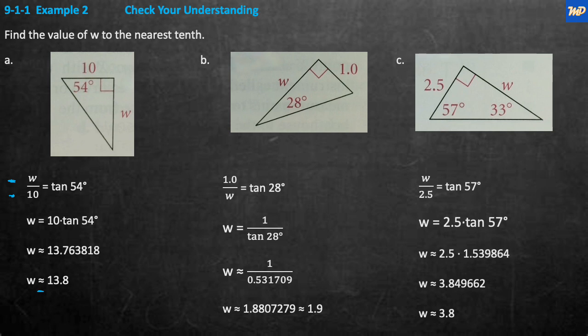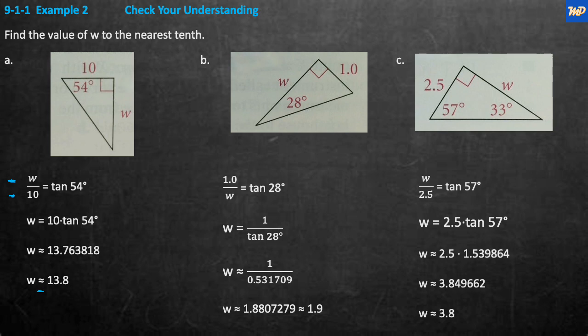Now, problem B is a little different in that the W is the adjacent side to the 28-degree angle. So now we have 1.0 divided by W is equal to the tan of 28 degrees. So now we've got to flip it around a little bit, which means we multiply both sides by W and divide both sides by the tan of 28.